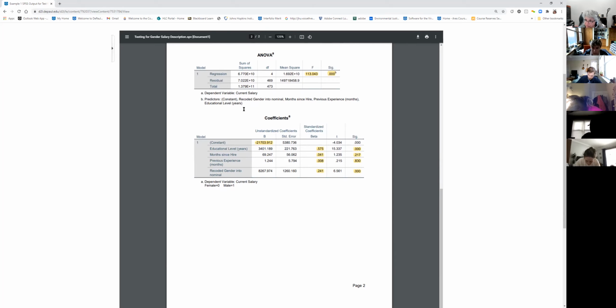This is new. Okay, so now we've got a whole new set of coefficients I have to teach you to read. Notice just before I leave, again, SPSS tells you Y is the current salary. And again, it tells you all of the X's as well as the control that's in there. So it tells you everything that you put into the program. But now we're going to read it.